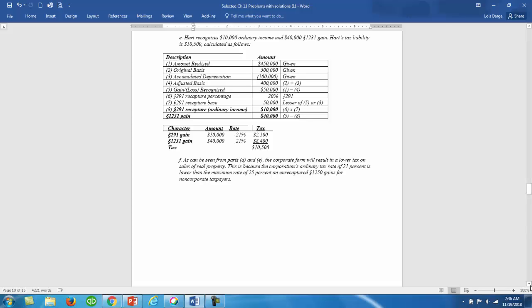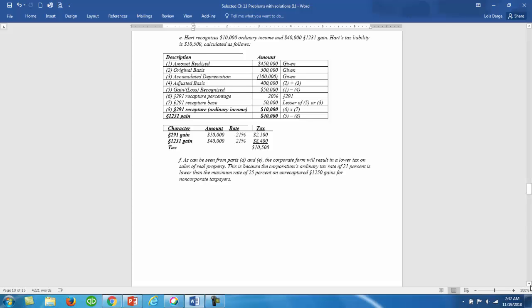So in this situation, the gain from line 5 is compared with line 3, the accumulated depreciation, and we take the lesser of the two and multiply it by 20%. 20% of the lesser of 5 or 3 is taxed at ordinary rates, and then the remaining portion is taxed at ordinary rates as well, because in this case, this is a corporation, and with the new tax law, there's just a flat 21% tax rate. So all of the income ends up being taxed at 21% for a total of $10,500.